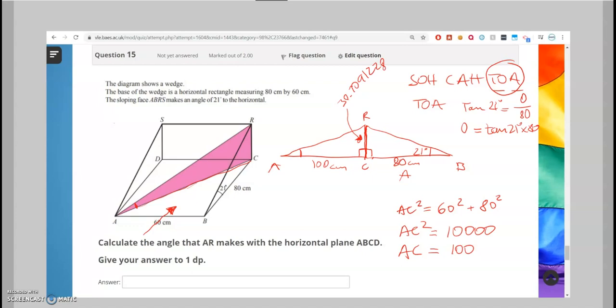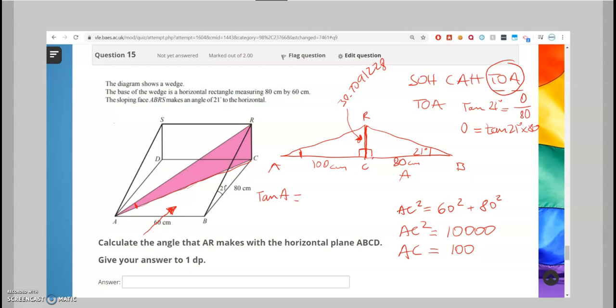We'll use the exact number now to help us work out angle A in here. So I'm going to use the same formula to work this out. So we'll go tangent of angle A is equal to opposite.